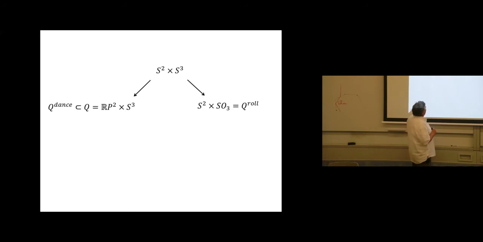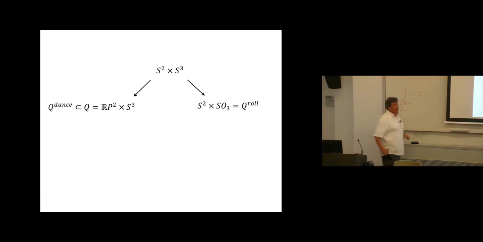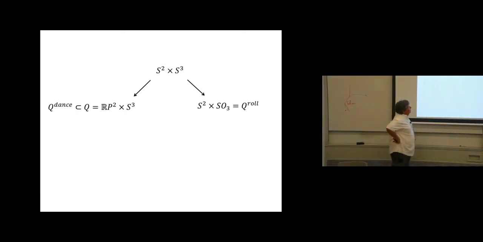In principle, we know by Cartan that these two distributions are locally equivalent, but this diagram shows how they are globally related: both are Z2 quotients of the same object. So, to summarize.